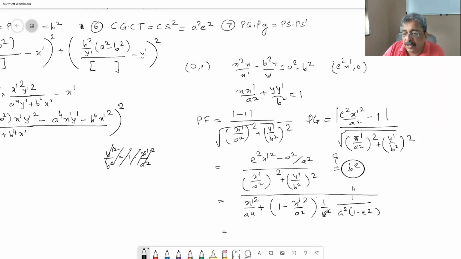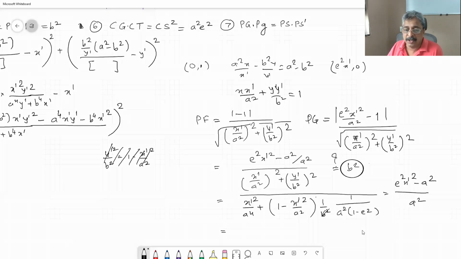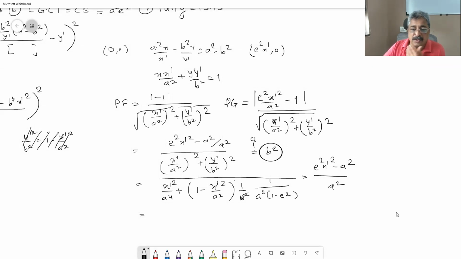So the numerator is equal to e square times x dash square minus a square upon a square, and the denominator, if you take that x dash square, you want to multiply it by x dash y dash, let's see later.